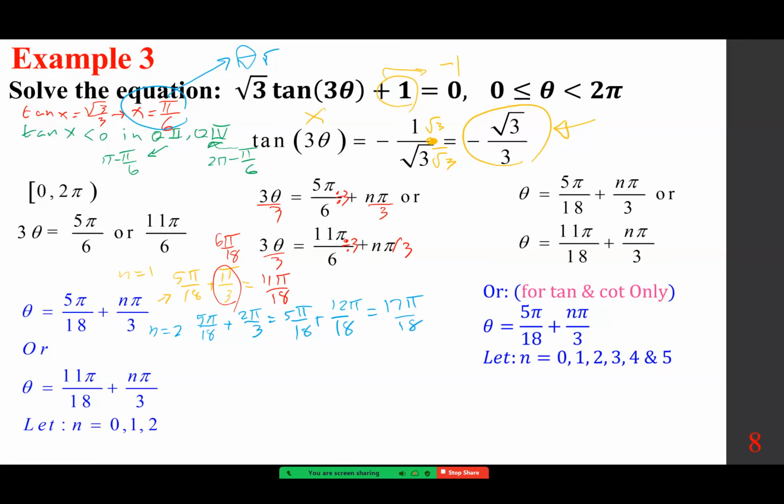I do one more and you can finish it. So if I put 2 here, let me use a different color here, class. So if I put 2 here, I have 11 pi over 18 plus 2 pi over 3.